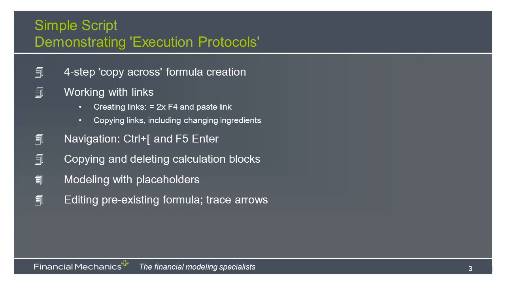Do a little bit in the context of those placeholders with editing some pre-existing formulas, both using trace arrows, but of course F2 in and out of edit mode appropriately. And finally, just to emphasize the point that we're not going to want to leave our model in the shape that it otherwise looks on the sheet, to make the point of relocating inputs and possibly demonstrating how you should be using navigation as part of your Paste Special link. So with that, let's hop over to a model and see what we can script out.